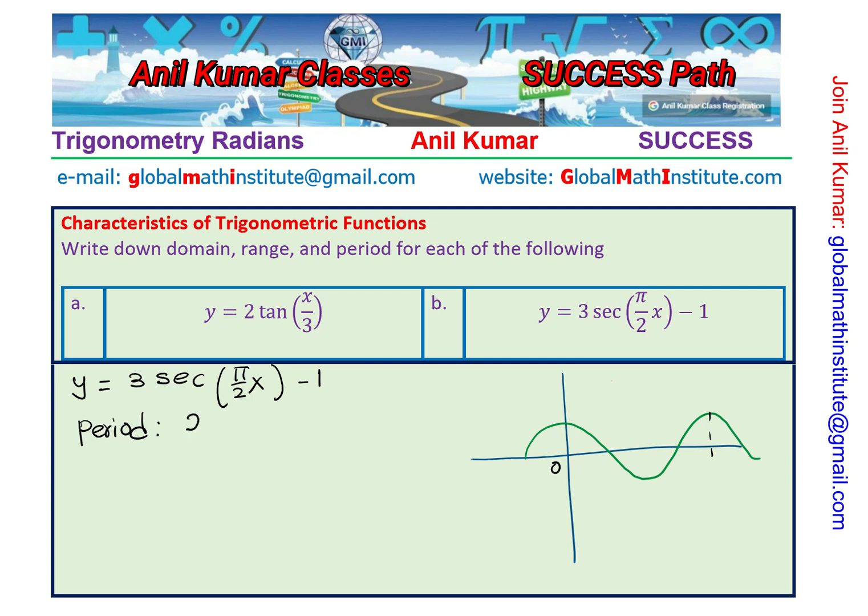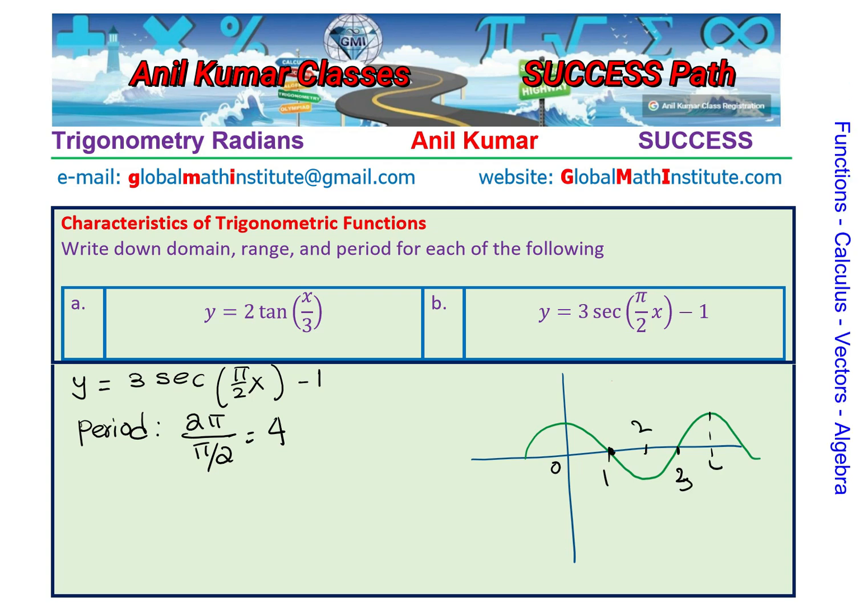Period is 2 pi divided by pi by 2, which is 4. So for this function, if the period is 4, then these points will be at 0, 1, 2, 3, and 4, correct? So as you can see, for secant, the vertical asymptotes will be at 1 and at 3. Similarly, it will also be there at minus 1 and so on.